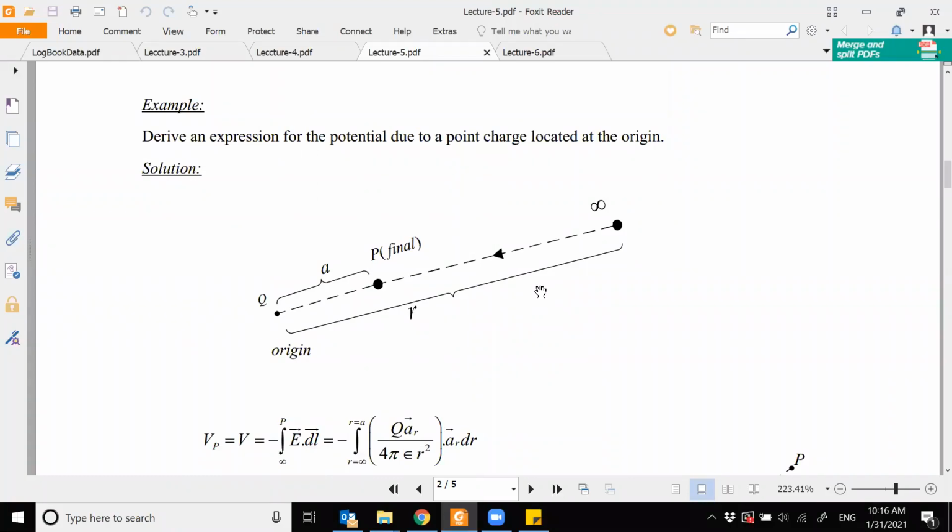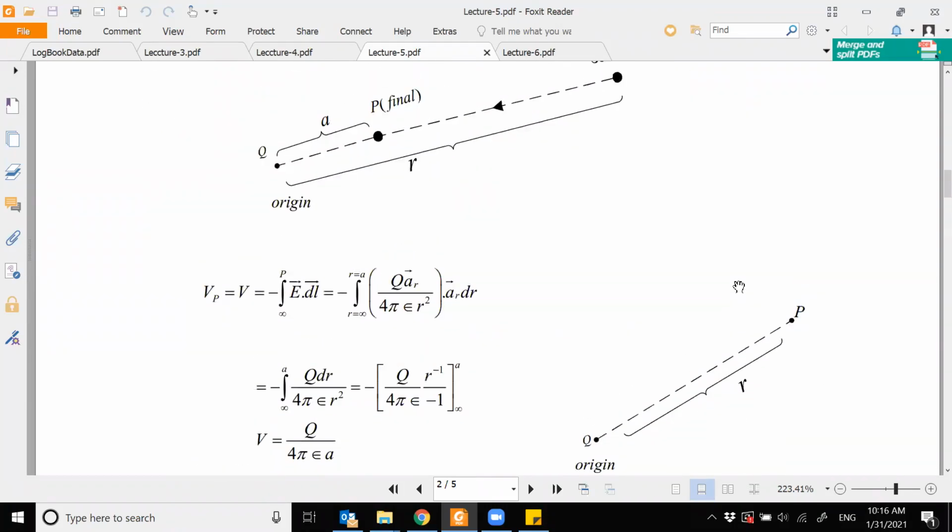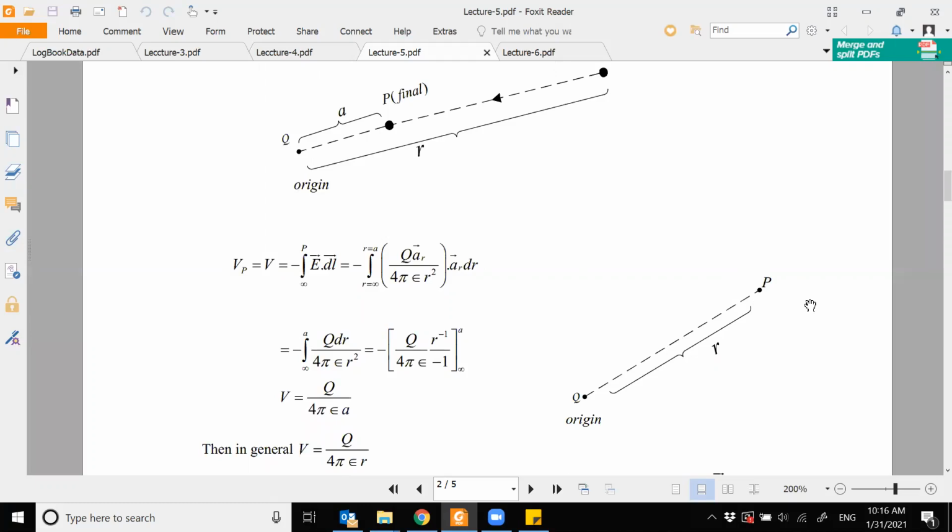Now, let's take an example. In our case, we want to find the potential due to a point charge located at origin. So here we are saying that we have a charge Q, and this charge Q is placed at origin.